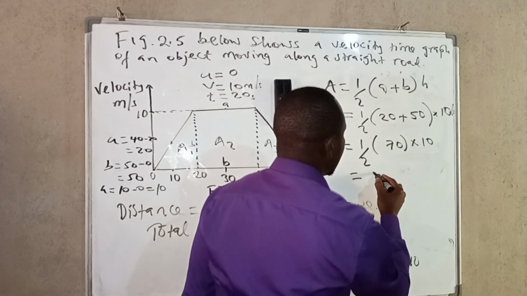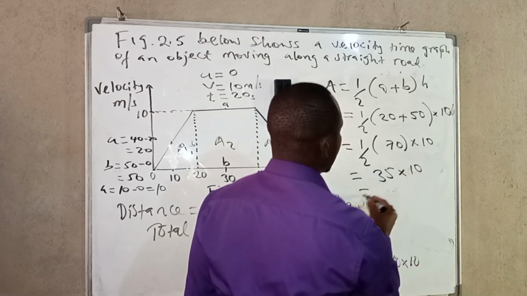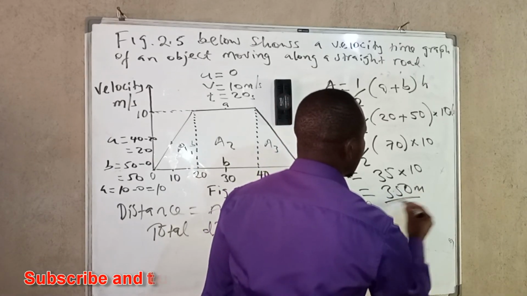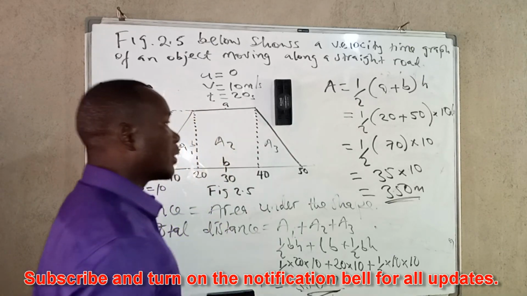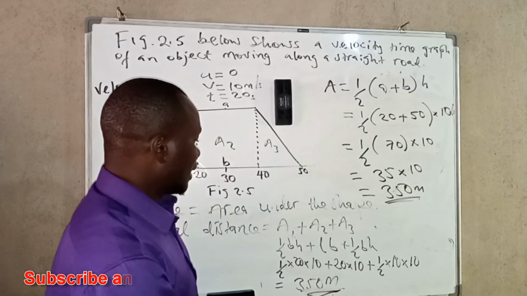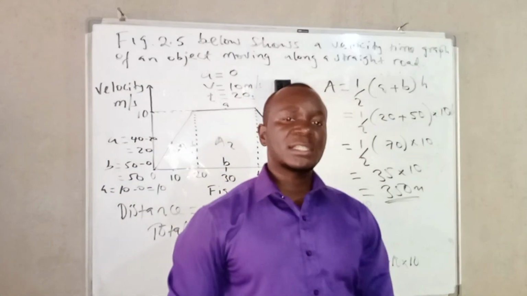Half of 70 is 35, times 10, it is 350 meters, which is the same answer as this one. So it depends on how you want to take it, but you can use either way. The answer will be the same.